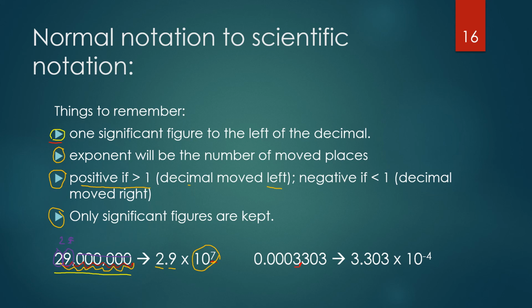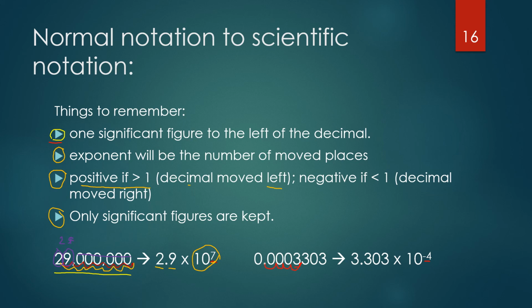Now next, to figure out the exponent that we have here, 10 to the negative 4th, we get that 4 by how many times we had to move the decimal. So in this case, it does have a decimal point, so we just start where the original decimal is, and we're going to move 1, 2, 3, 4 times to get it between those 2 3's. So that's how we get an exponent of 4.